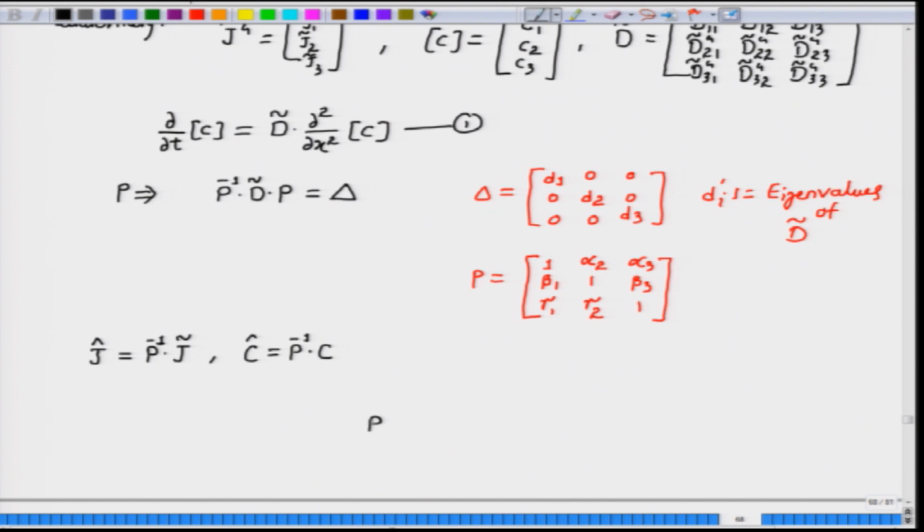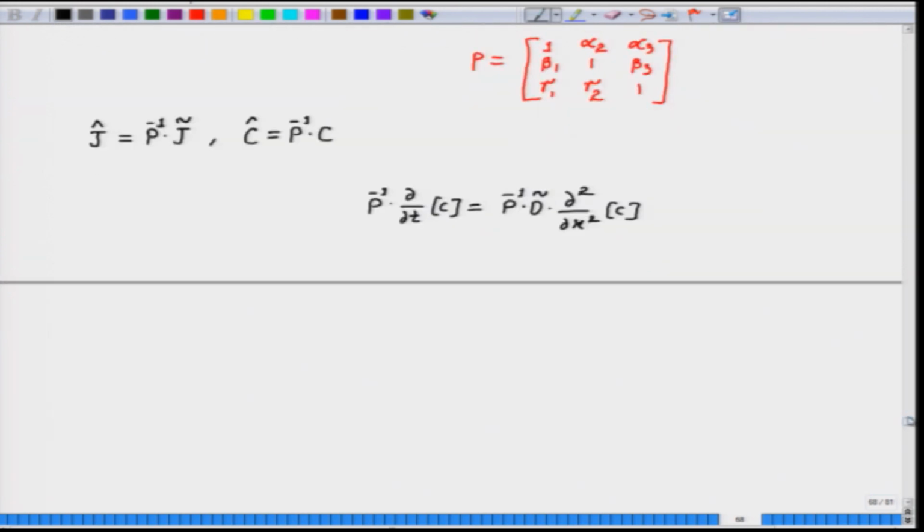we get P inverse times ∂/∂t of C is equal to P inverse times D tilde ∂²/∂x² of C. Now, we are assuming that D tilde matrix is constant, and so P inverse or P, all these matrices are also constant, and so we can take them inside the derivatives, right.